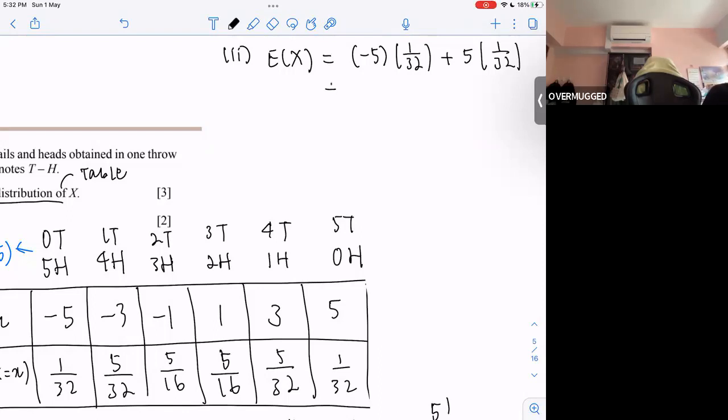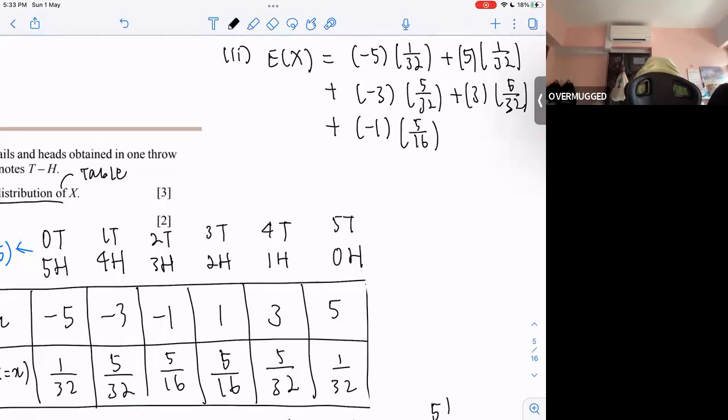And then the two 3's, which are -3 times 5 out of 32 and 3 times 5 out of 32, and also -1 times 5 out of 16 and 1 times 5 out of 16, will all cancel each other out. Your expectation for this is very special. It will just be 0.